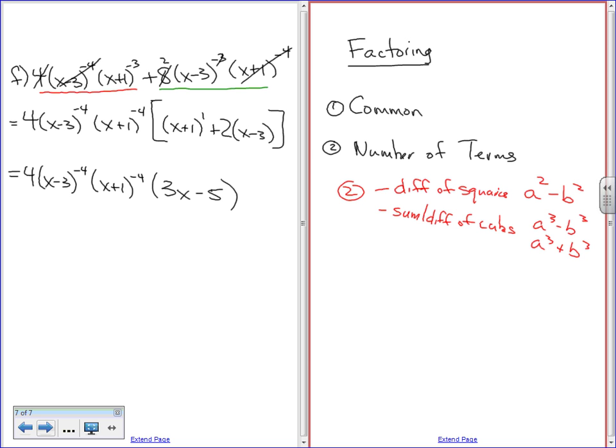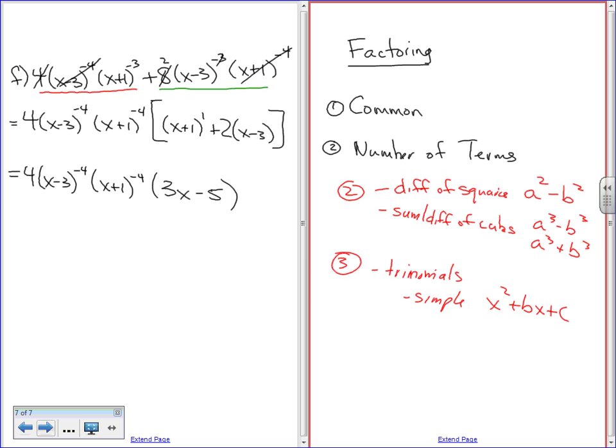If there's 3 terms, now you're getting into trinomials. So trinomials have the simple trinomial, which is something like x squared plus bx plus c.